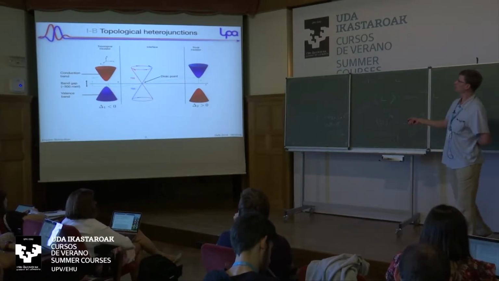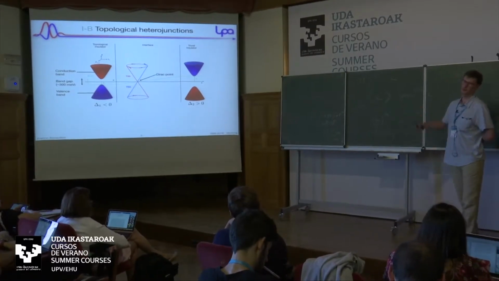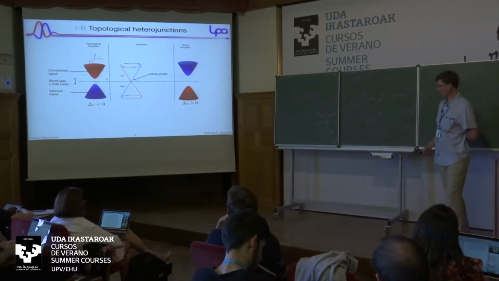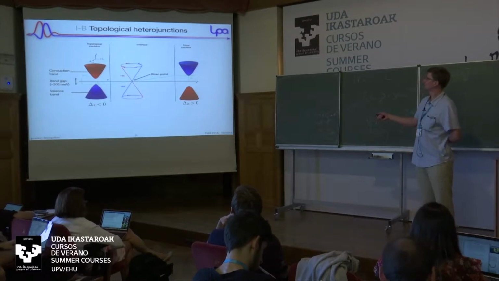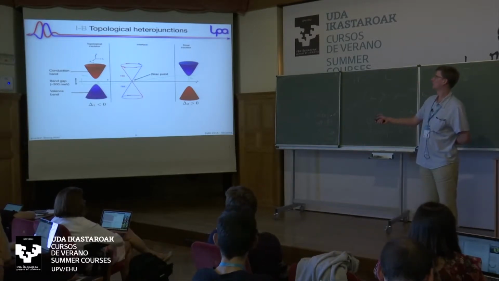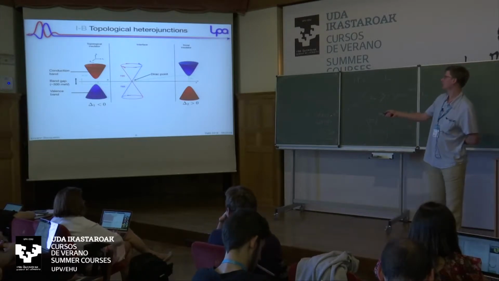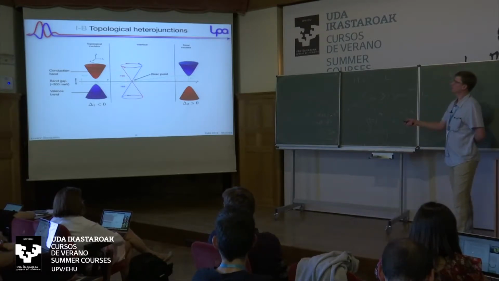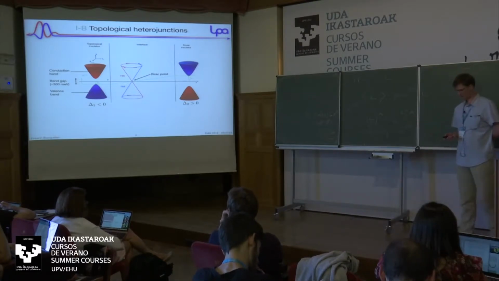And on the other side, you have a trivial insulator, which would be, for example, cadmium telluride. And you say that since the gap has to change sign because you try to match these two wave functions, then at some point you will have a crossing of the gap and a closing of the gap, and you will have this Dirac point.